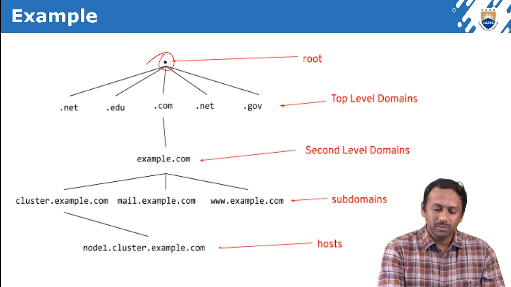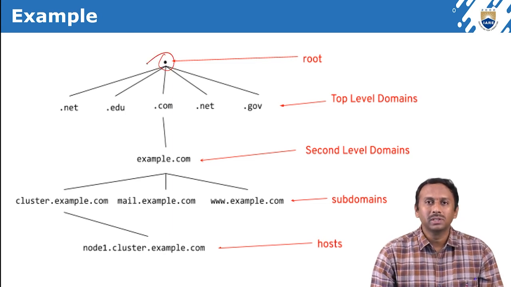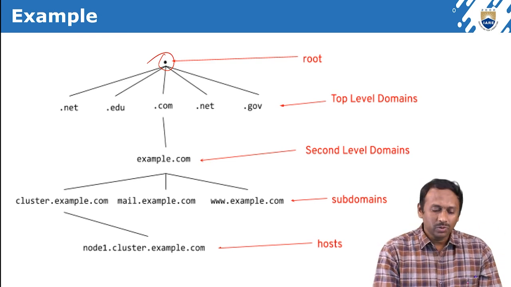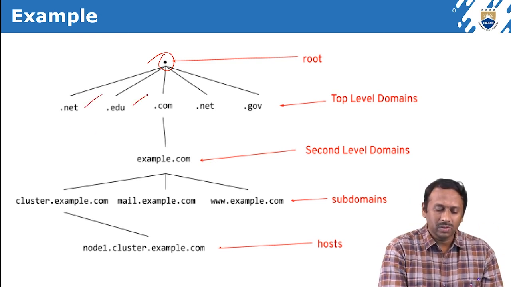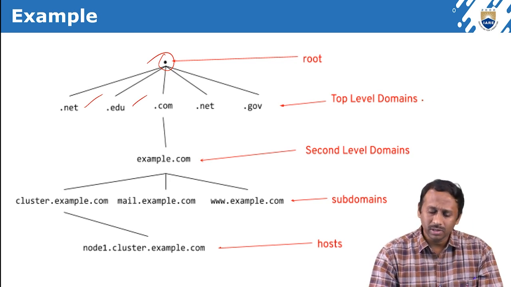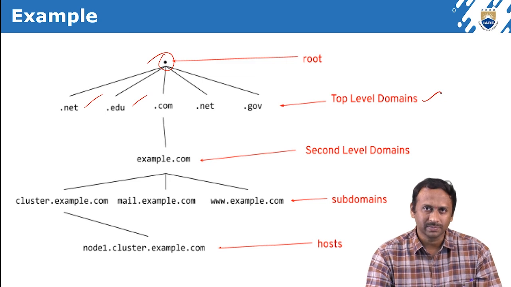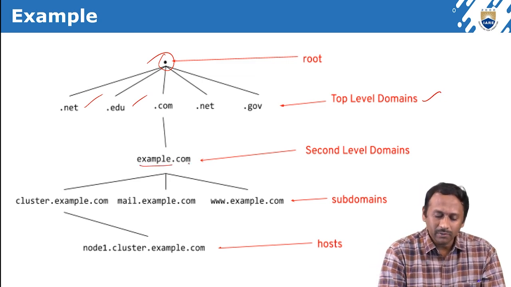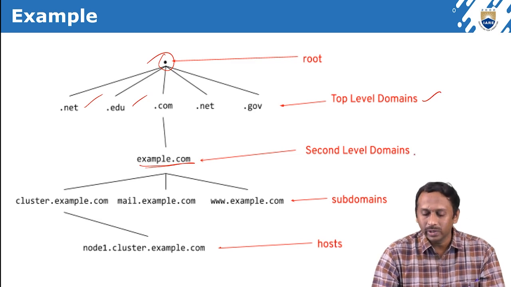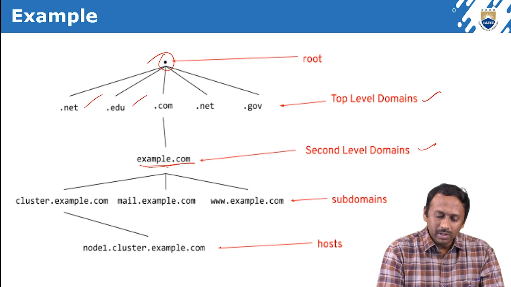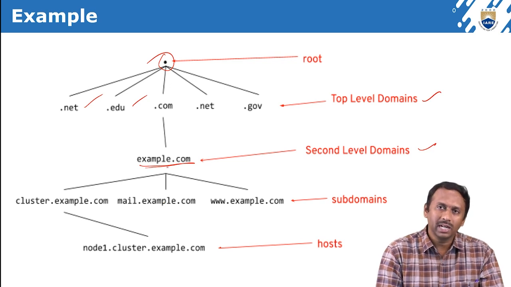First of all, we have the root; generally it looks like a tree model. Here we have a lot of domains like .net, .edu, .com, .gov. These are all the top level domains. In this .com, we have a subdomain, which we call the second level domain. Again we have subdomains for the second level domains.